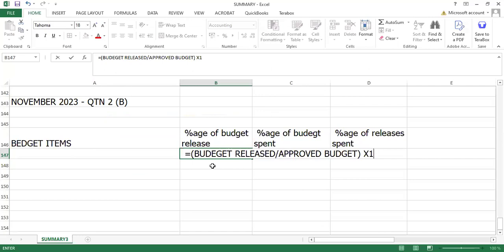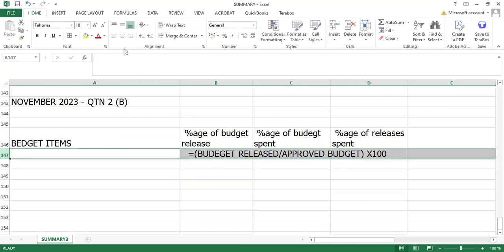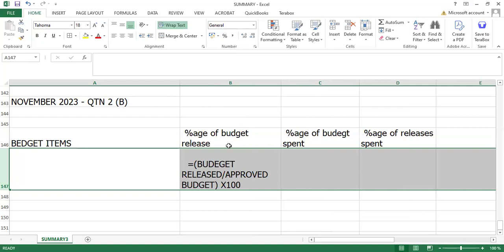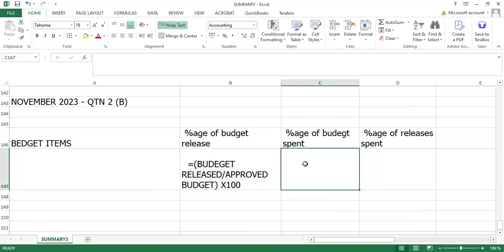Then the answer you get multiplied by 100. That's how you are going to get your answers. Is that clear?